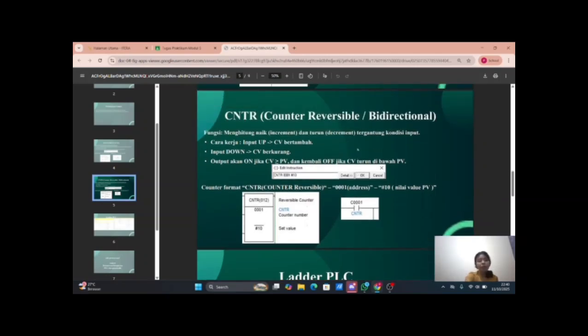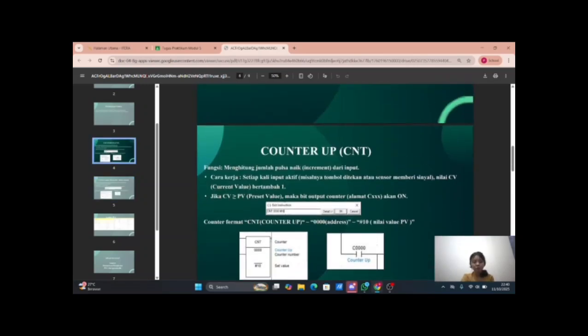And then we discuss the explanation of the ladder diagram for the CNT counter up. In the first part of the diagram, on the left side, the CNT counter up circuit is displayed.